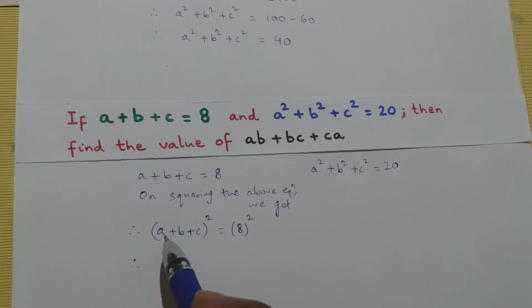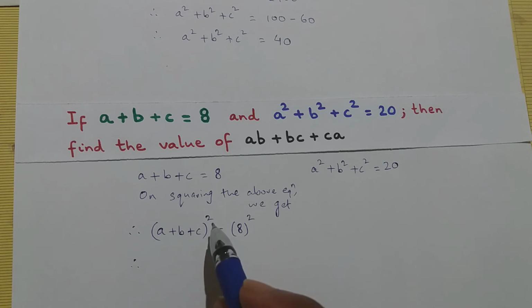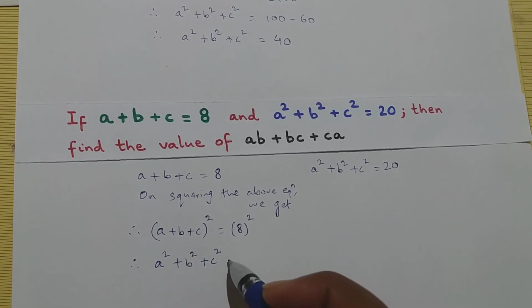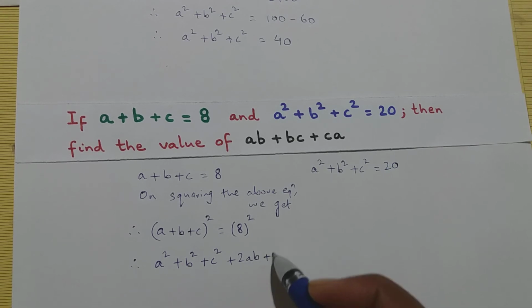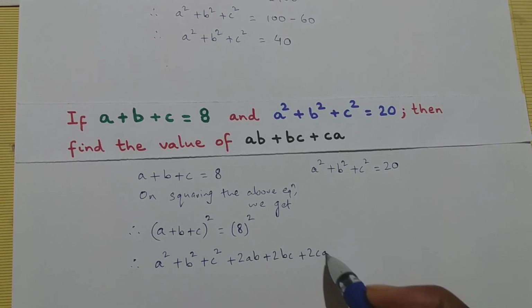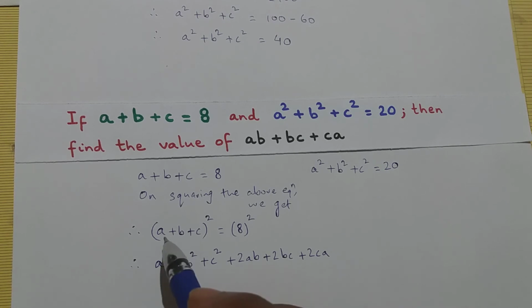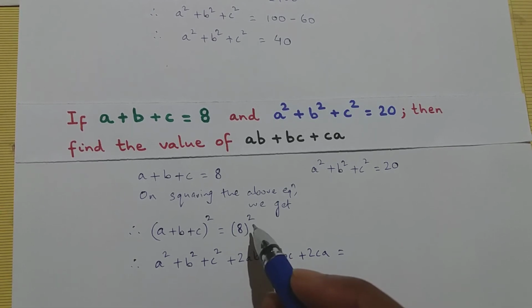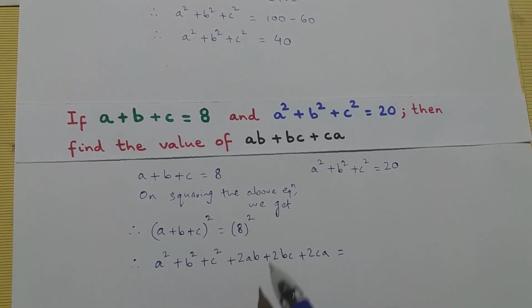On expanding (a plus b plus c) whole square, we get a square plus b square plus c square plus 2ab plus 2bc plus 2ca. This is what we get when we expand it, and that is equal to, on the right hand side of the equation, 8 square.